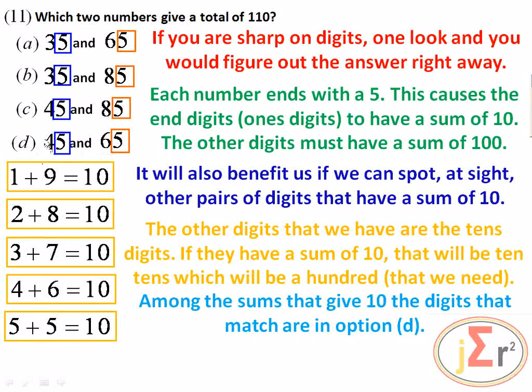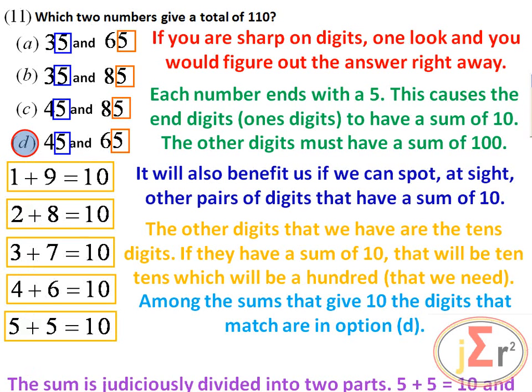And we have 4 plus 6, and that's equal to 10, as we have in the list of pairs of digits that add to give 10. So these being tens digits, 10 tens, 100, and we have solved the problem already. So the correct answer is option D.